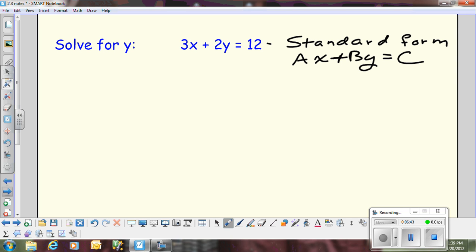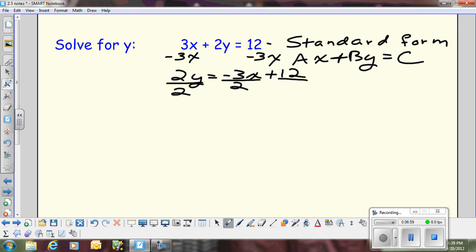Yeah. Okay, so to do that, I want to move the x's to the other side. So I get 2y equals -3x plus 12. Divide every term, and it does have to be every term, not just the first and last one, by 2. And I get y equals -3/2 x plus 6.